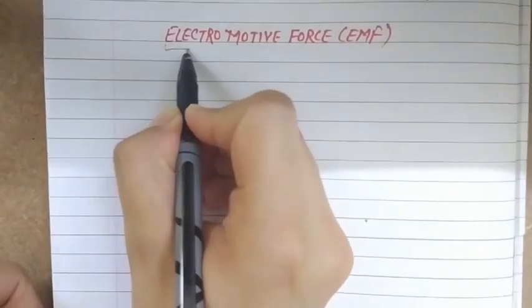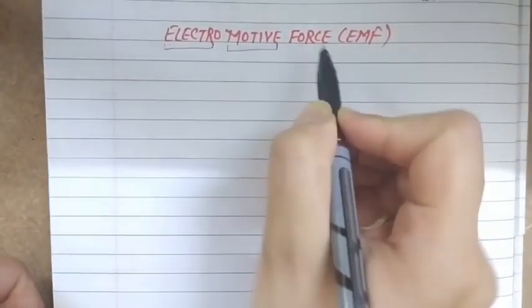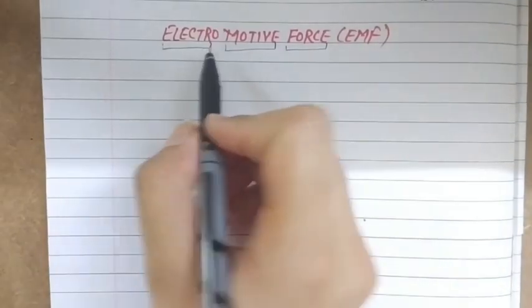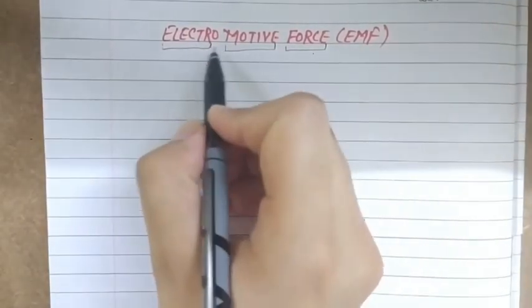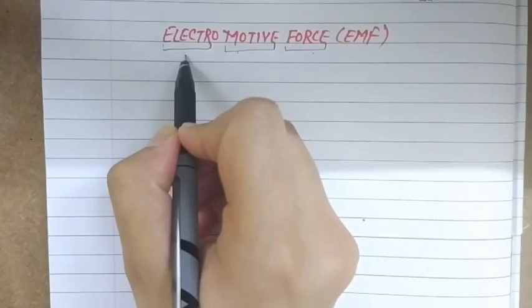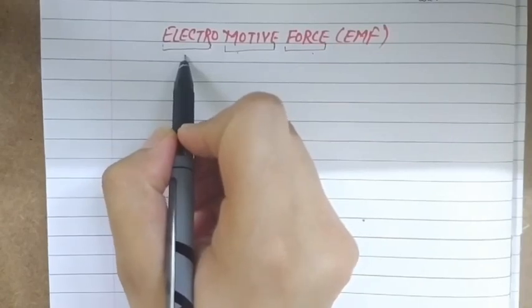To understand electromotive force, we have to split this phrase into three sections: electro plus motive and force. So here we find that the force needed to move an electric charge is called EMF.